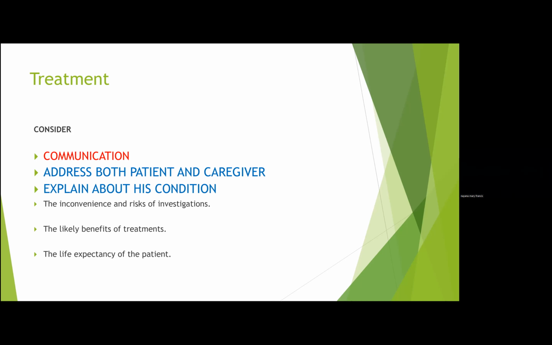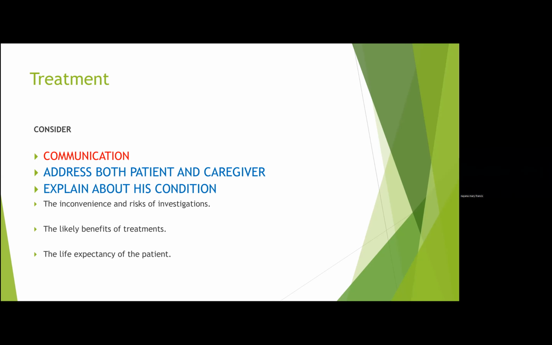So you have to tell them why we are not investigating him, why we are not giving some other treatment, because we know that he may not benefit from that, and about the life expectancy of the patient. All these things have to be communicated to the family, and we have to address both the patient and the caregiver.